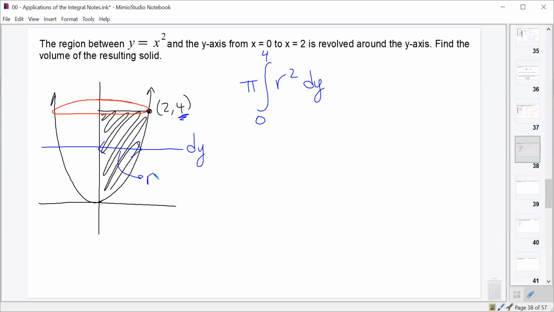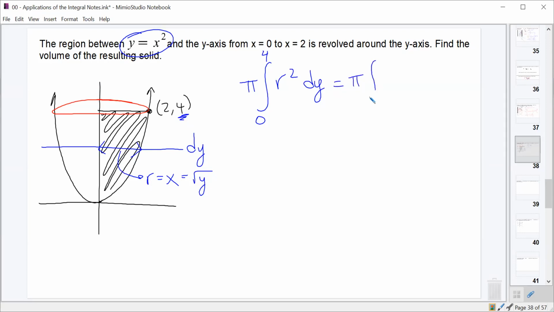That's our radius, which is just an x value, a distance from the y-axis over to the function. But we need it to be in terms of y. So if y is equal to x squared, then x is just equal to root y. So our radius is just root y.